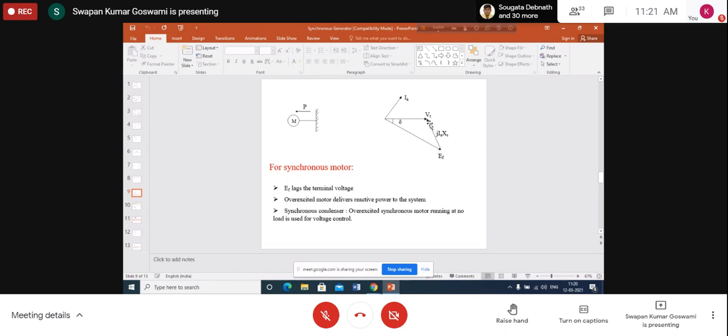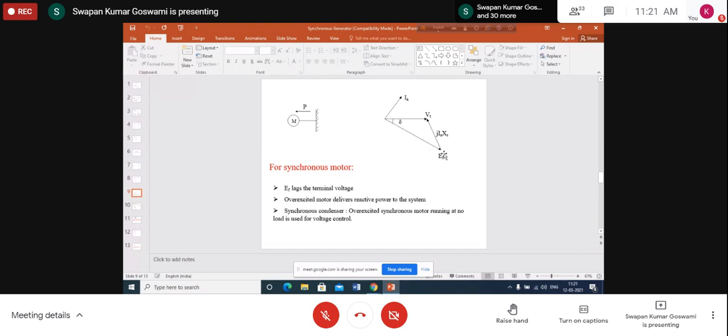So the terminal voltage must lead the induced voltage in case of a motor. That's why we have drawn the phasor diagram in this way. VT is the terminal voltage or infinite bus voltage, the power system voltage. EF is the induced voltage. Let us assume that the excitation of the motor is now such that this is the induced EMF, this is the generated voltage.